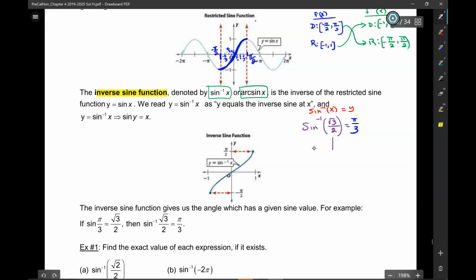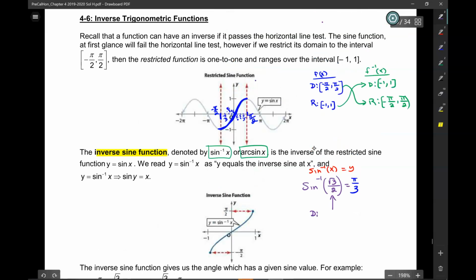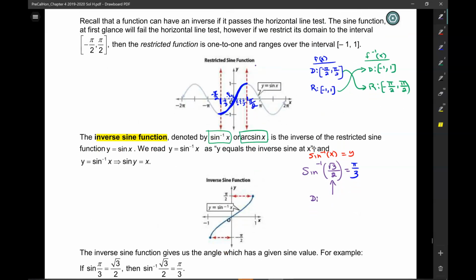Okay, so now here's what's important. It's usually written inverse sine of x equal to y. So this is your x value, or your domain. Your domain values are what go in here. For inverse sine in green, what did we write for the domain? That it's negative 1 to 1.